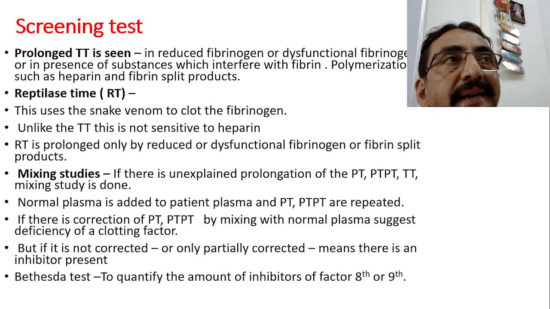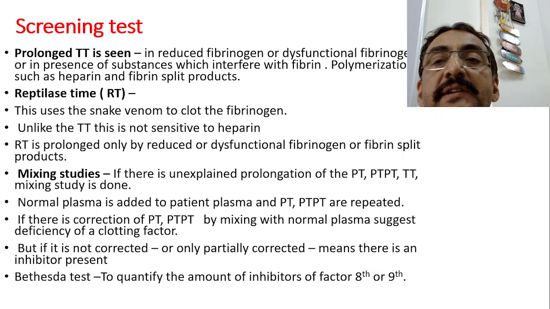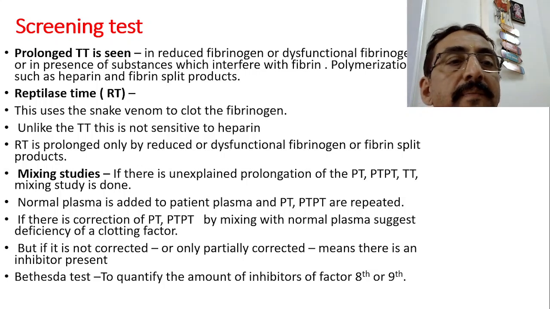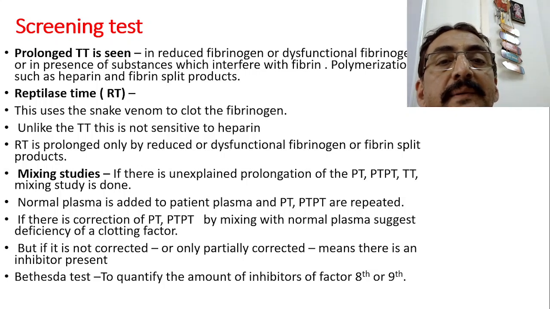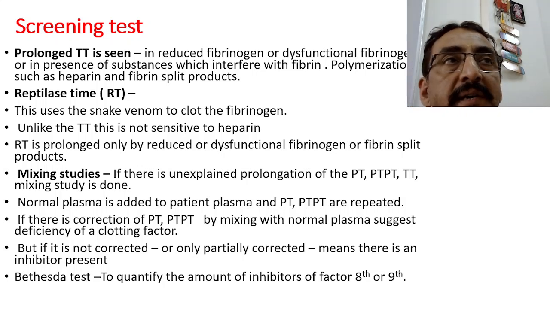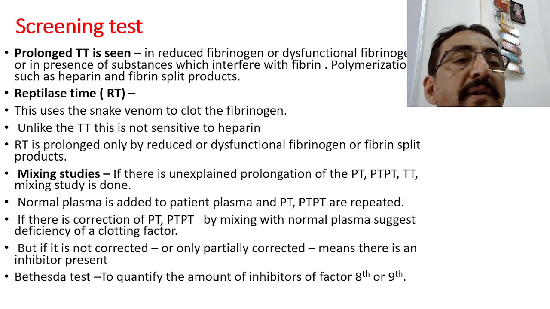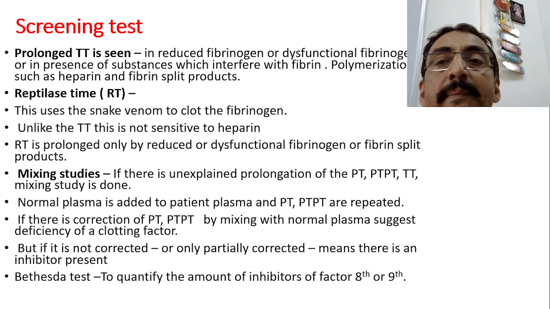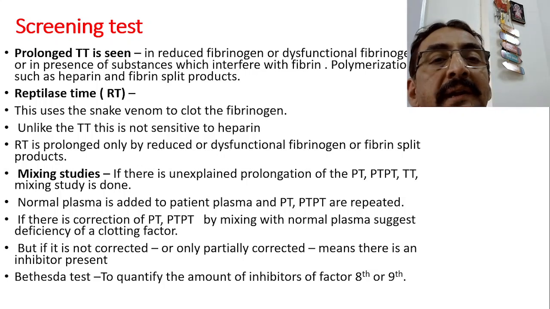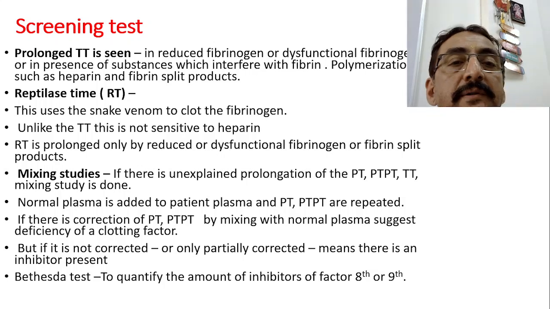Now prolonged TT is seen in reduced fibrinogen or dysfunctional fibrinogen, or in the presence of substances which interfere with fibrin polymerization, for example heparin and fibrin split products. They will interfere with the fibrinogen conversion.